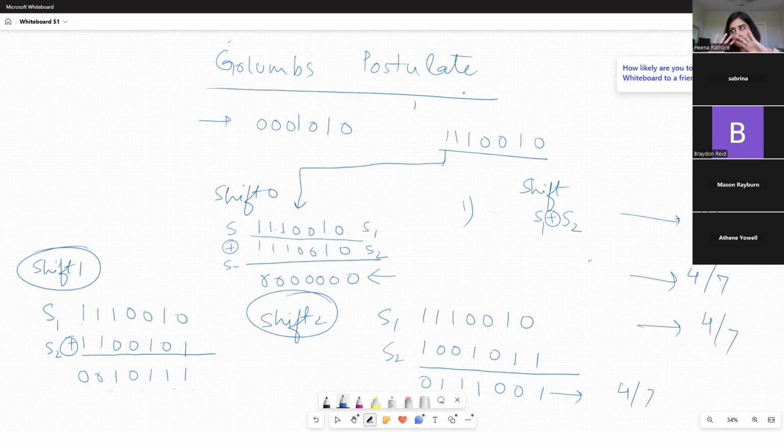So the autocorrelation function, or Golomb's postulate according to rule number 3, says that if you take your original key and shift it multiple times, like 0 bit, 1 bit, 2 bit, 3 bit, 4 bit, the result should always give you 2 unique values. So in our case, we got 0 over 7 and we got 4 over 7.